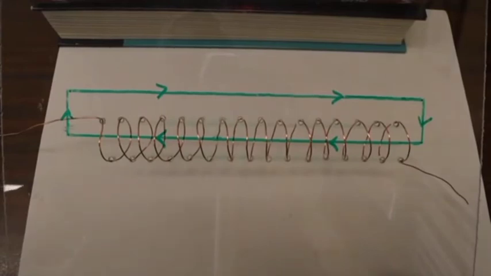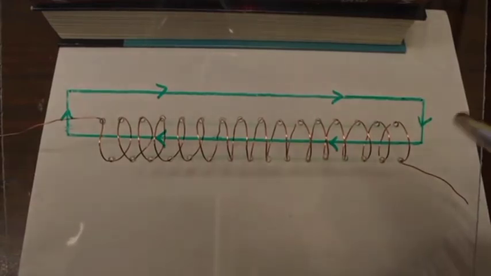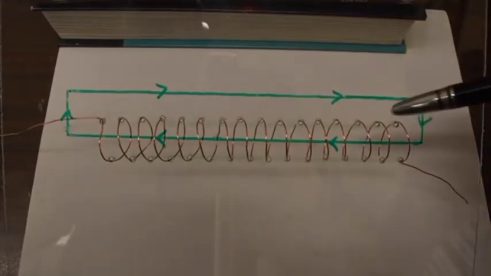Here's a view of the path of integration with an actual coil, and the path is traced on the piece of plastic that's cutting through the center of the coil. So the lower part of the path is on the inside of the coil. So the coil pierces the surface defined by the path each time it goes around.